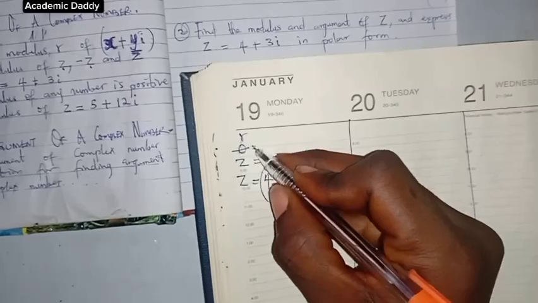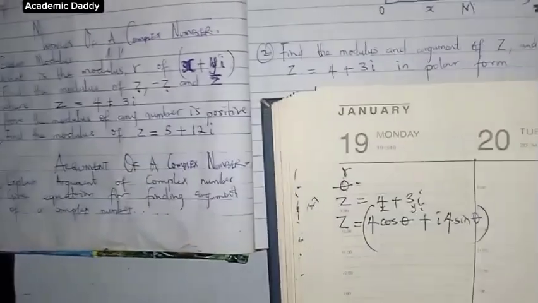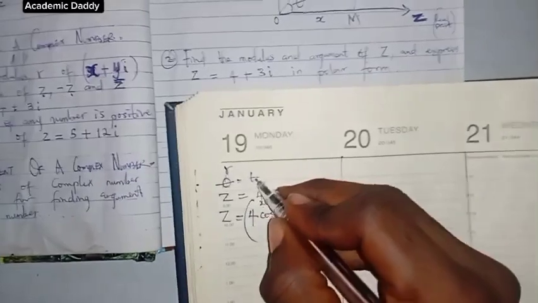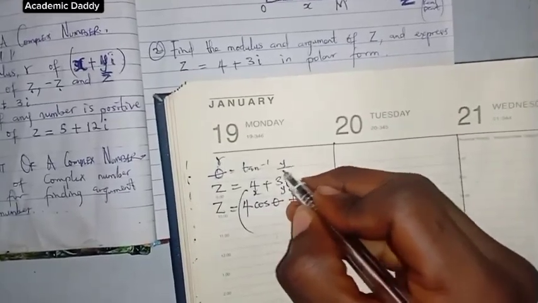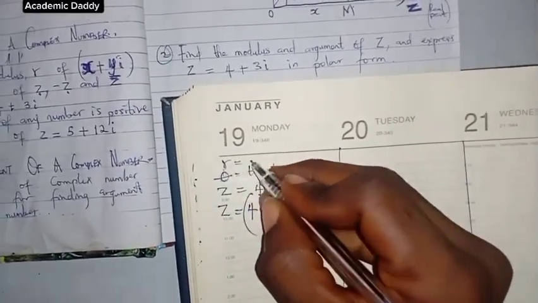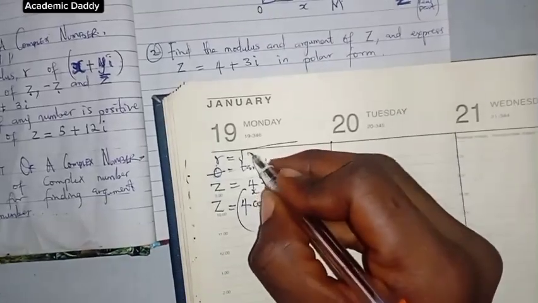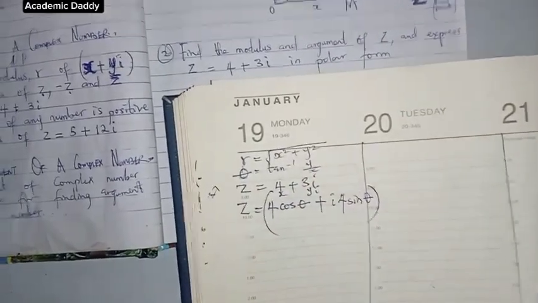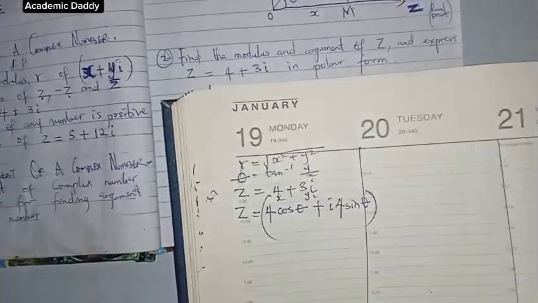Theta we don't know, but theta can be gotten by tan inverse of y over x, and r can be gotten by the square root of x squared plus y squared. Using these equations, we can find what they've asked.